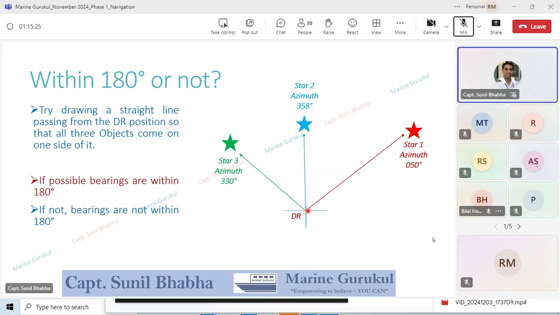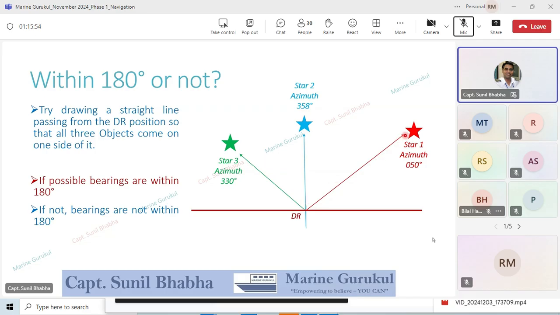Now let's try to see in our scenario, in our example, whether we can draw the line or not. Now in this case, you can easily draw a line lying in the east-west direction, east-west orientation. You can see this maroon line coming up on the screen. Now this line is passing from the DR position and all the three stars are on one side of that line.